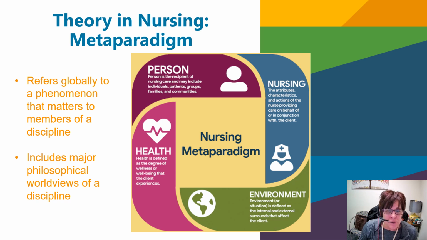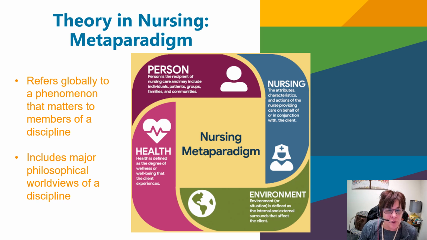Here is the nursing meta paradigm that was coined in the 1970s and showed that there are 4 dominant phenomena within the science of nursing, including person, health, environment, and nursing. Person is the physical, intellectual, biochemical, and psychosocial needs of a human or groups of humans.